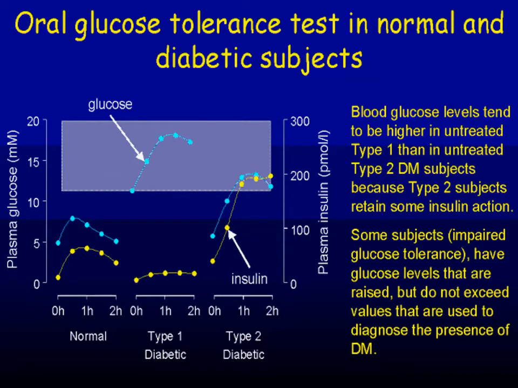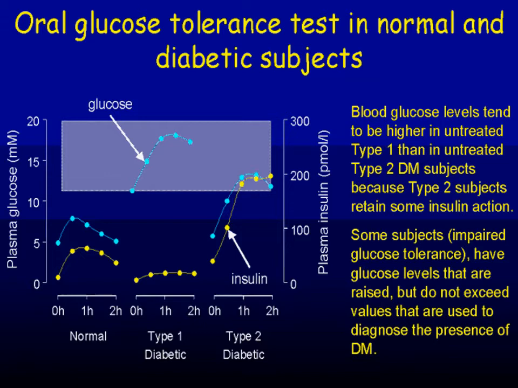Oral glucose tolerance test in normal and diabetic subjects. As we can see, in normal people the administration of glucose, the blue line, is associated with an increase in the release of insulin, while blood glucose level in type 1 and type 2 diabetes tends to be higher because there is no insulin or insufficient insulin concentration to utilize this increase in blood glucose level.